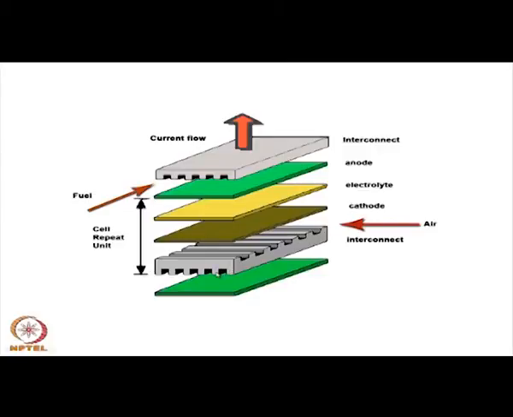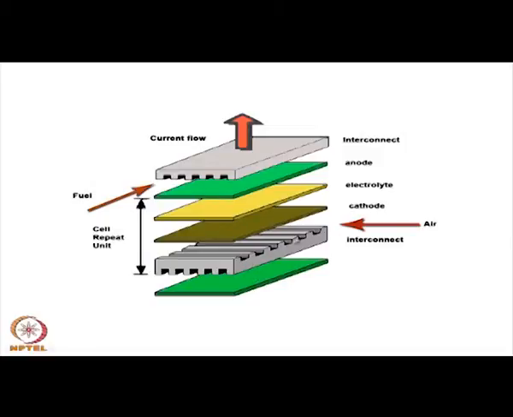So, this is one gas. This is in contact with the cathode, so this is the oxygen side, and below this is the anode side. So, this is fuel. In fact, the interconnect is connecting the anode of one cell to the cathode of the other cell.